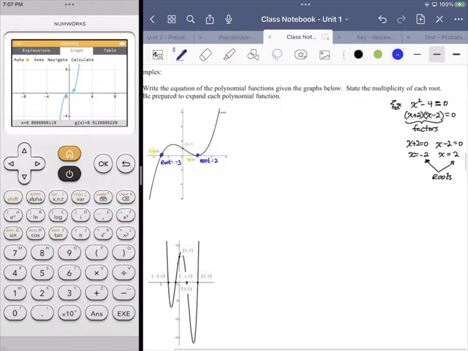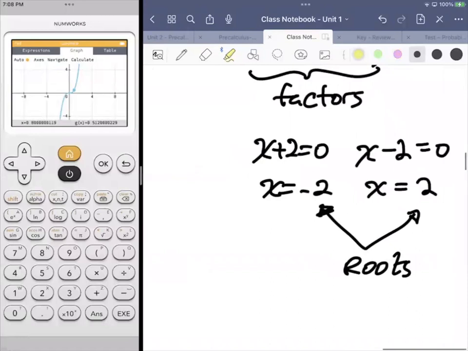Because when I say that there's a root of x equals -3, I'm saying x is equal to -3. But if I want the factors, you'll notice in our side example here, prior to it being x equals -2, it was x plus 2 equals 0.